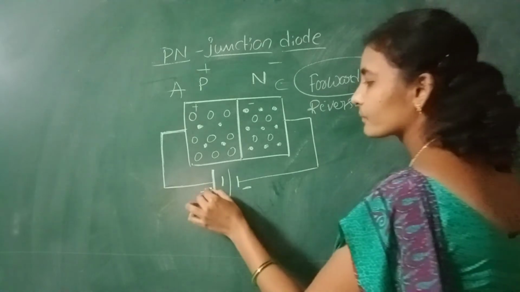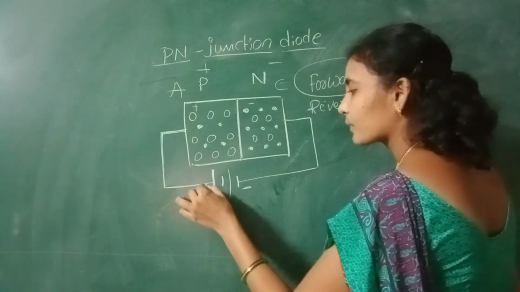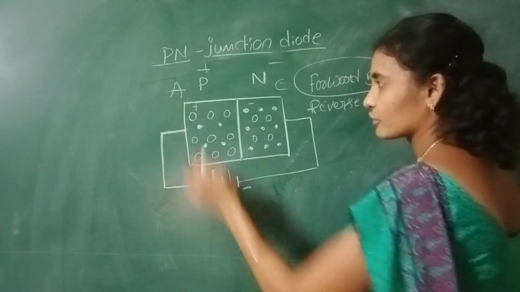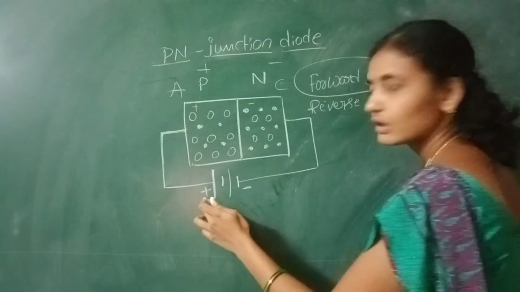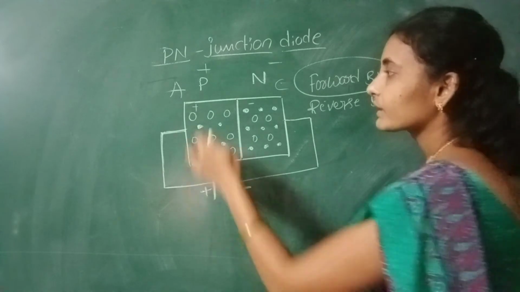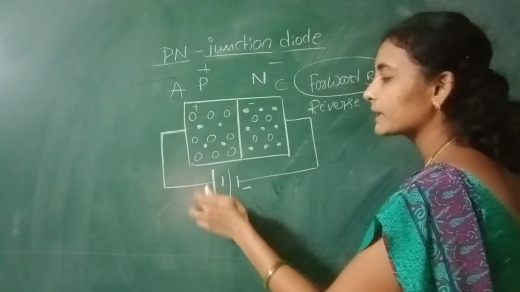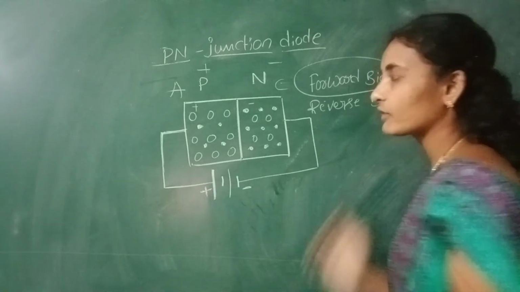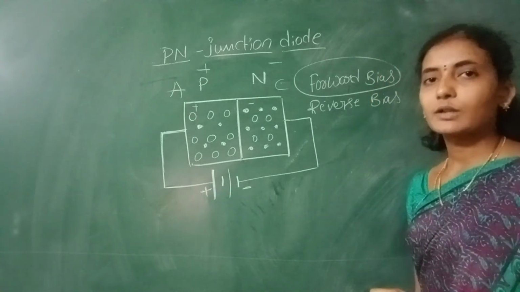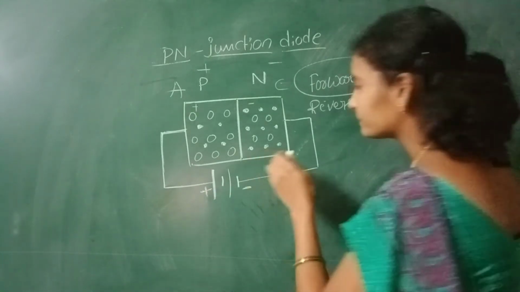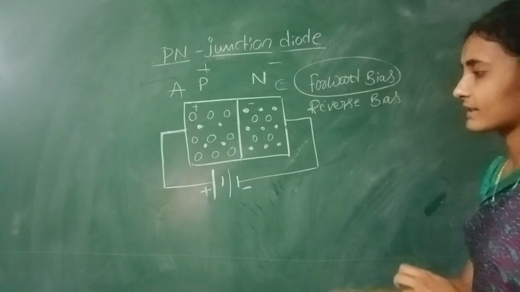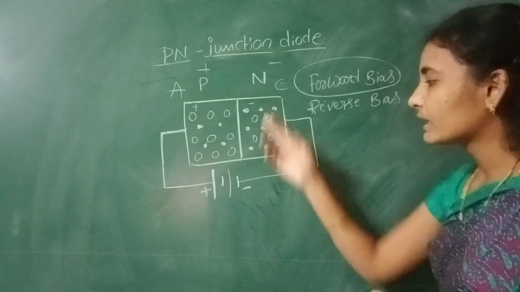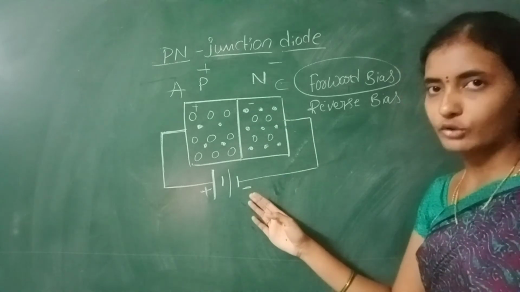Now the battery positive terminal and the holes are the same charge particles, and same charges repel, so the holes are repelled from the battery positive terminal. In the N region, electrons are repelled from the battery negative terminal.